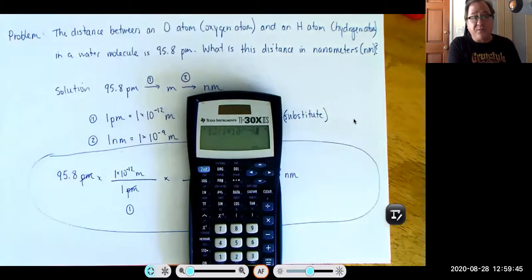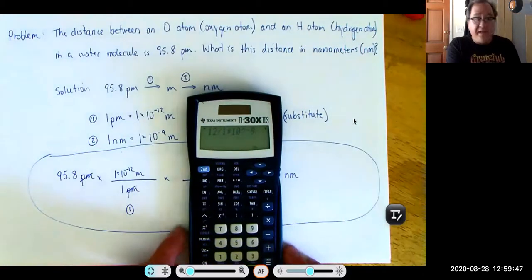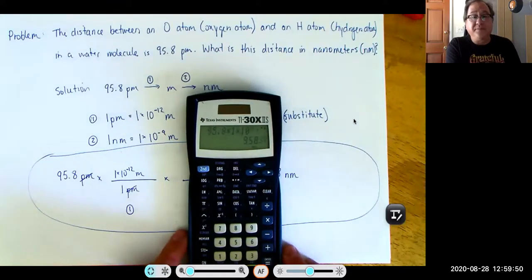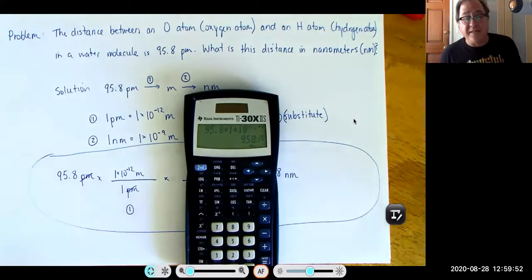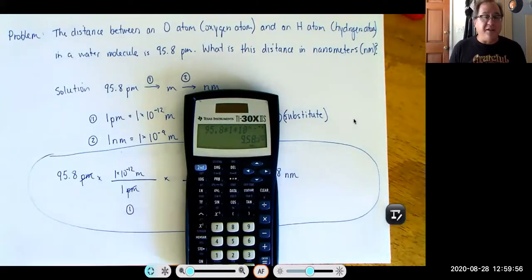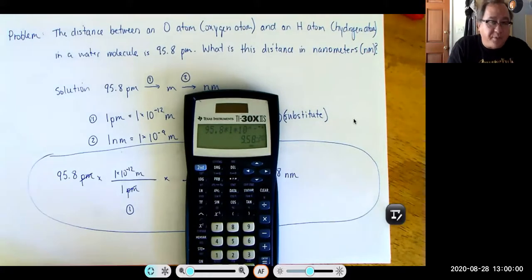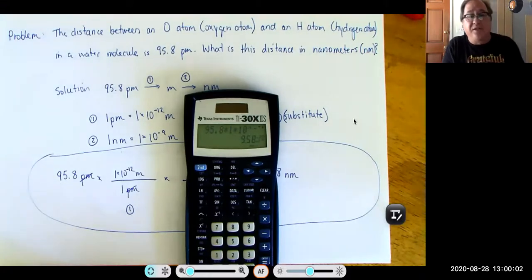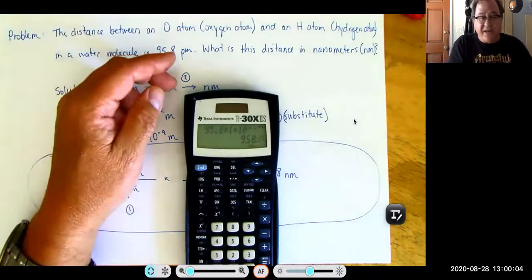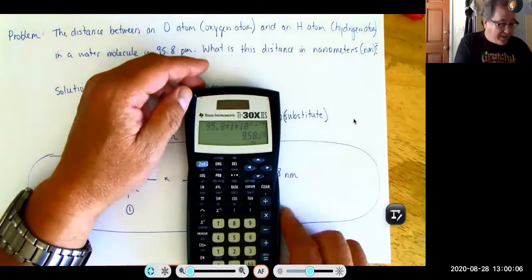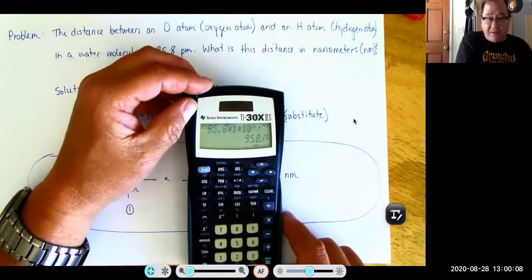Let's see what answer we get here. And we get 9.58 times 10 to the minus 20. The reason this doesn't work is because when you use the caret, it doesn't put parentheses around things automatically. You have to put the parentheses in. So don't use the caret.